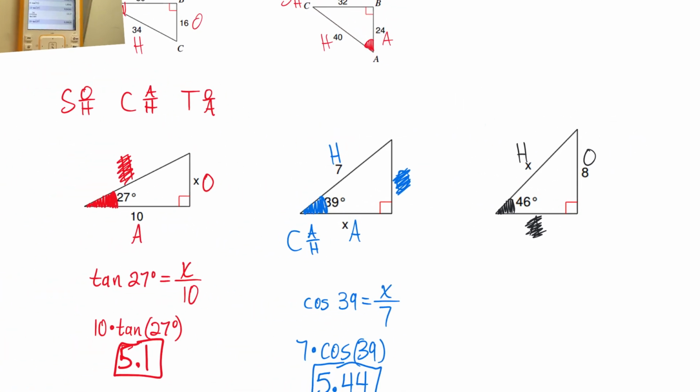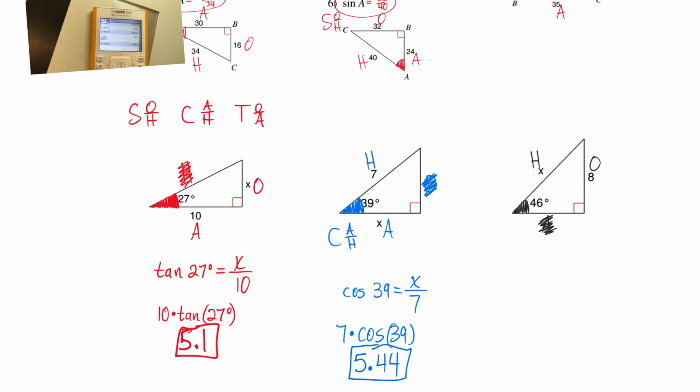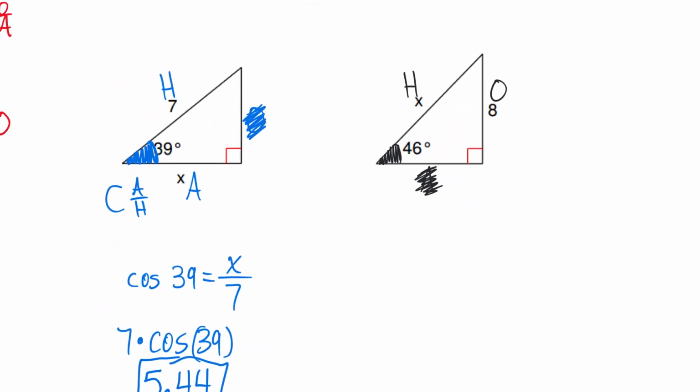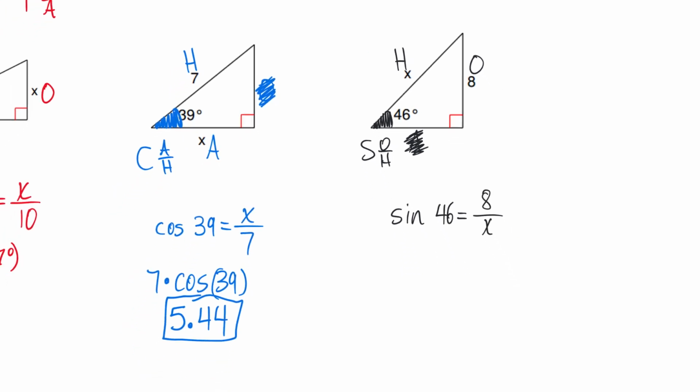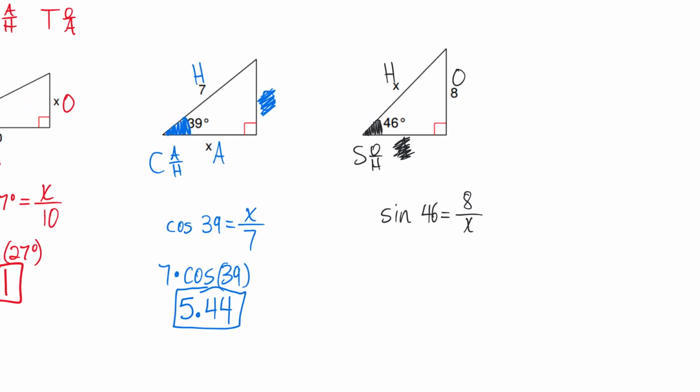SOH CAH TOA. Which one has O and H? The S, the sine. So, sine function. Sine of 46 equals, okay, how long is the opposite? 8 over the hypotenuse, x. Now, this time the x is on bottom, so what am I going to do? I'm going to divide.